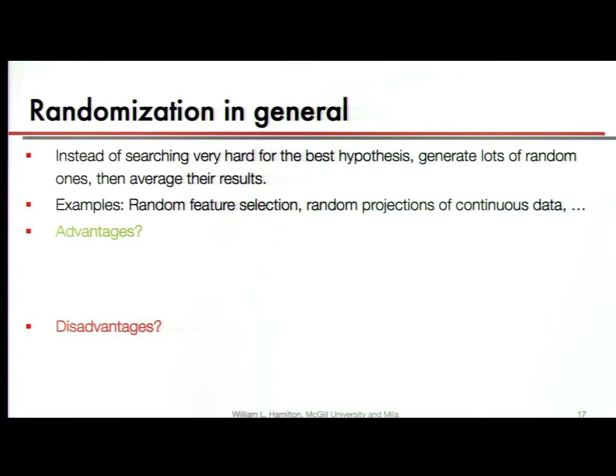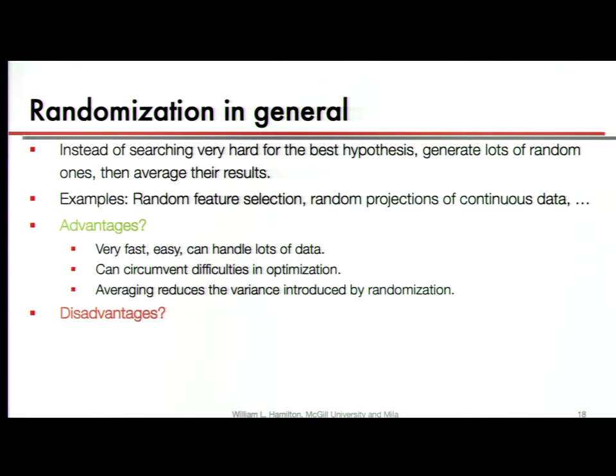But this idea comes up in other places in machine learning. You can do random feature selection or take random linear projections of your data to reduce the dimensionality. So instead of doing PCA, you can just project your data down to a lower dimensional space using a random projection, not the optimal PCA projection. Oftentimes, these approaches work way better than you'd think.